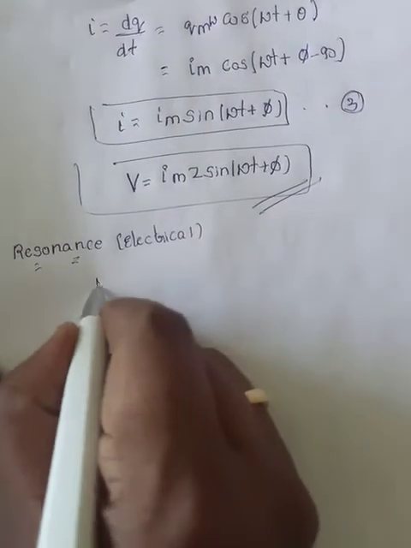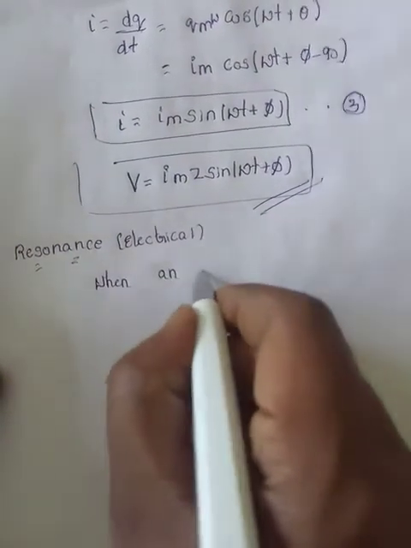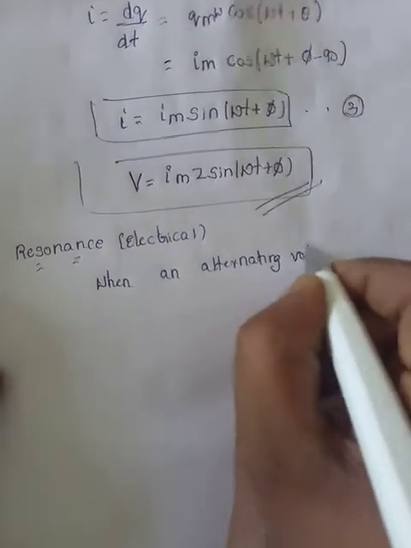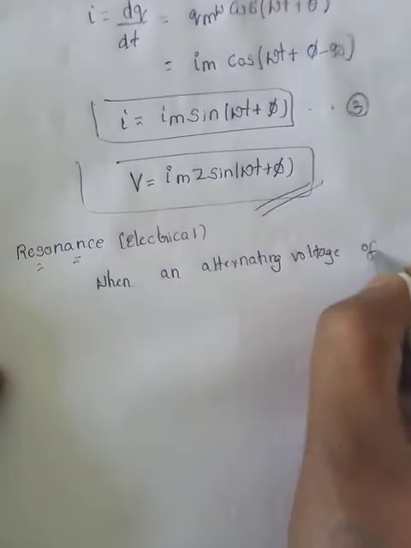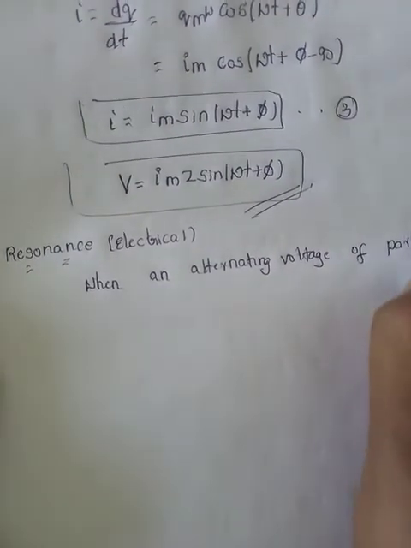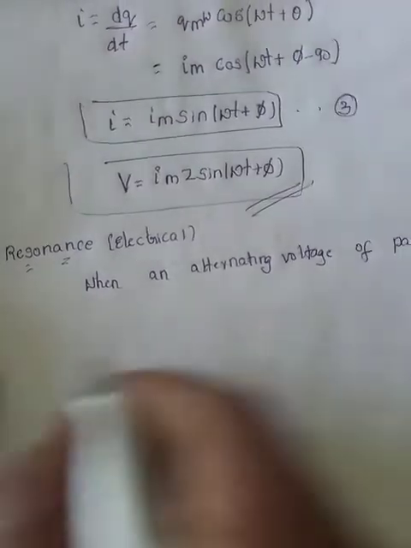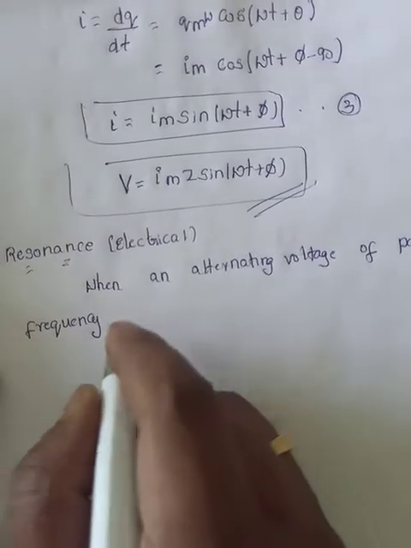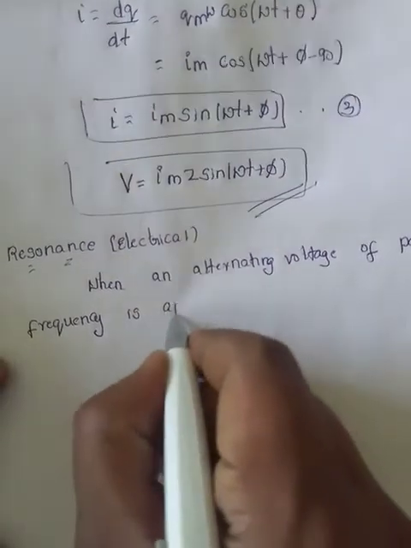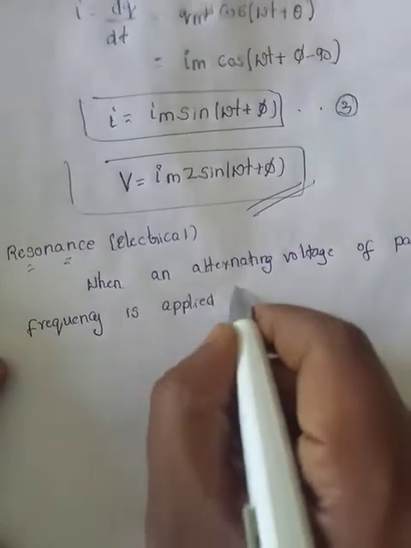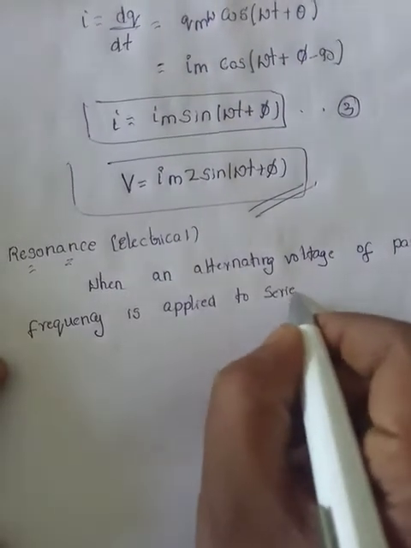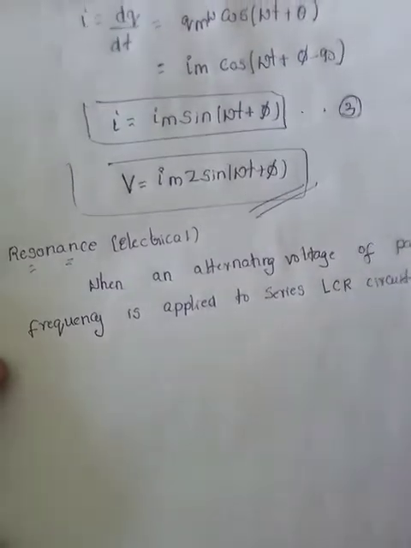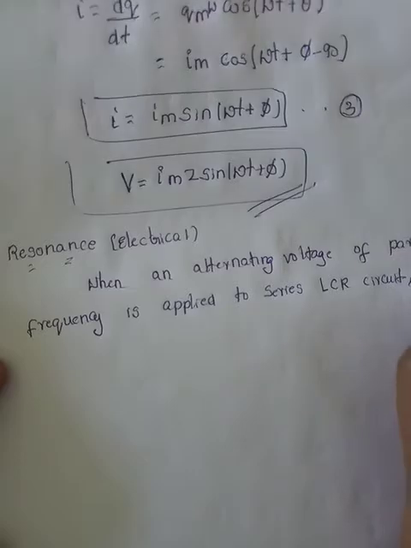When an alternating voltage of particular frequency is applied to a series LCR circuit, the current in the circuit becomes maximum.